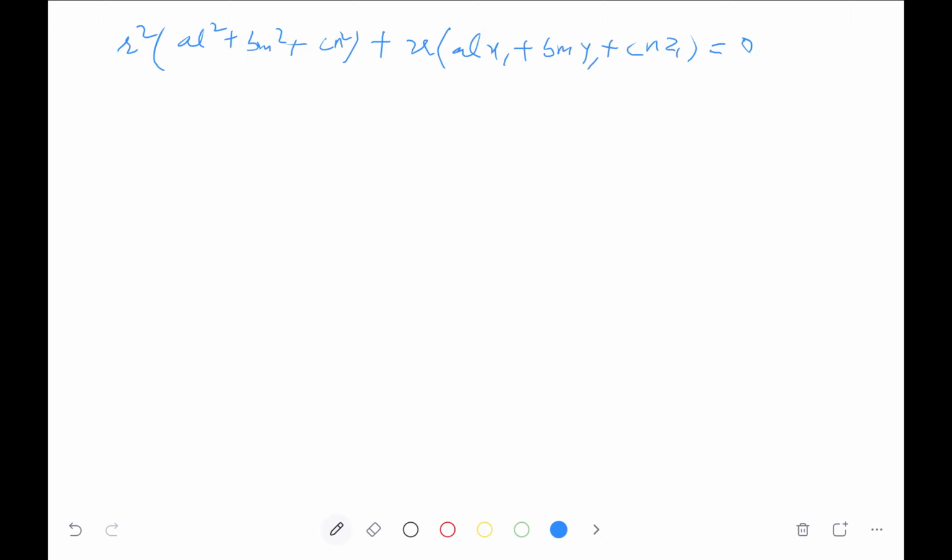What is the condition that a plane lx plus my plus nz is equal to p touches the central conicoid ax square plus by square plus cz square is equal to 1?